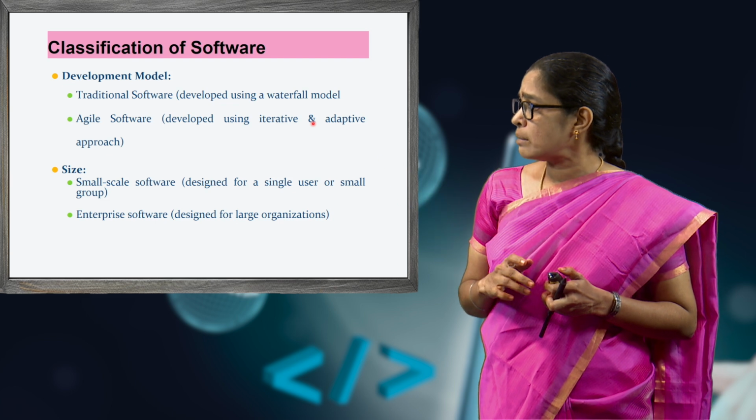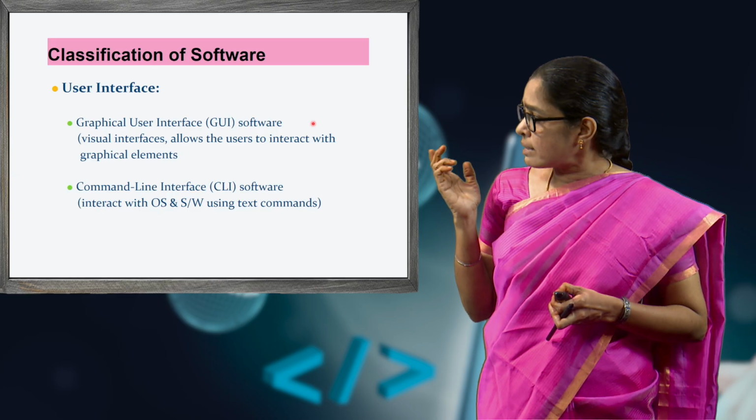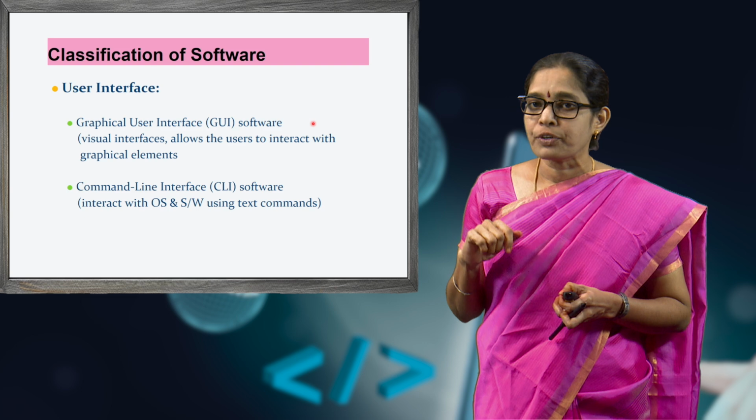Then the next terminology is size. The size may be designed for a single user with a minimum amount of code. We can also call it small scale software, or it can be developed as enterprise software designed for large organizations. Then the next terminology is user interfaces.